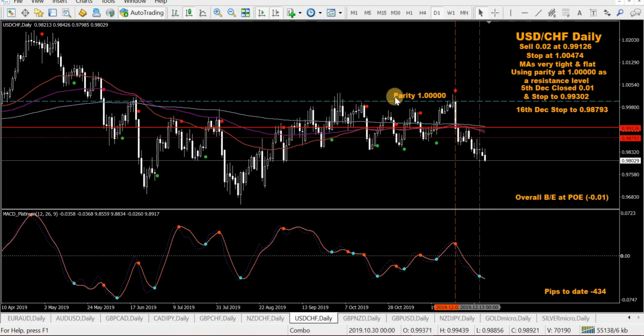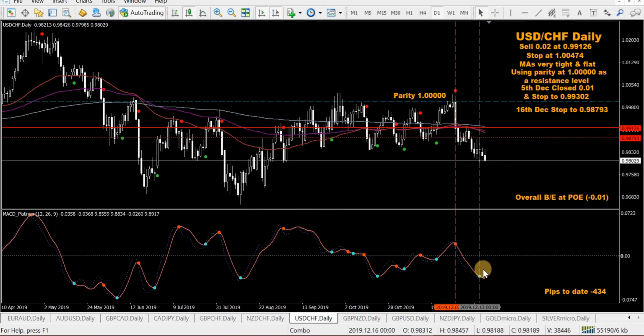Swiss franc, this one's got one extra little coloured line. The blue dash line is parity, 1.01 US dollar equals 1 Swiss franc. It's a big number. Price does hit it a lot, has done in the past, and will again. So I took a sell here, I've already closed half, stop in place here.